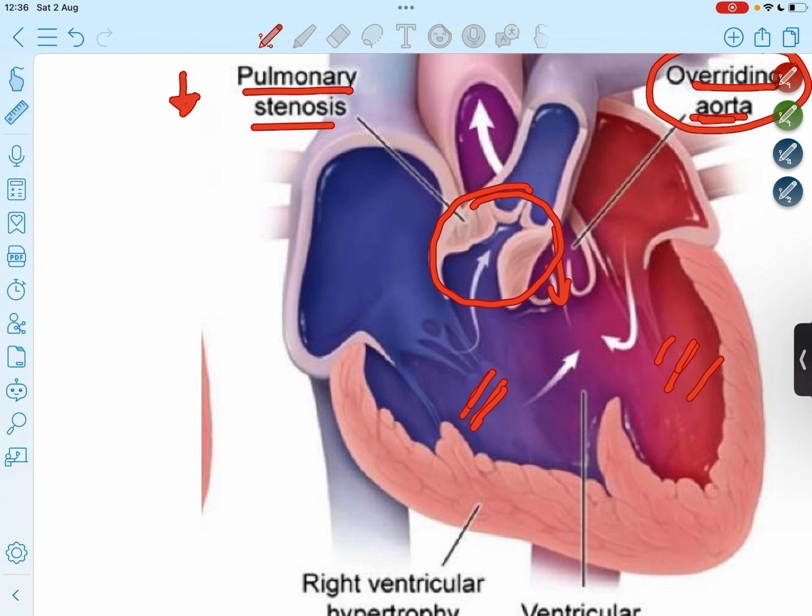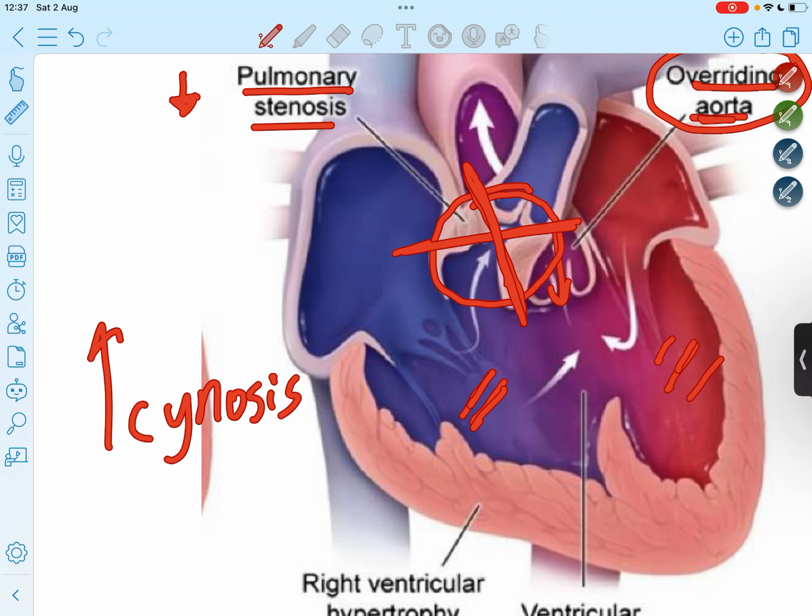But when we have a greater degree of right outflow obstruction, there will be more cyanosis. So let's repeat it. With less pulmonary stenosis, we have more natural human color, like less cyanosis, but with more obstruction, we have more cyanosis.